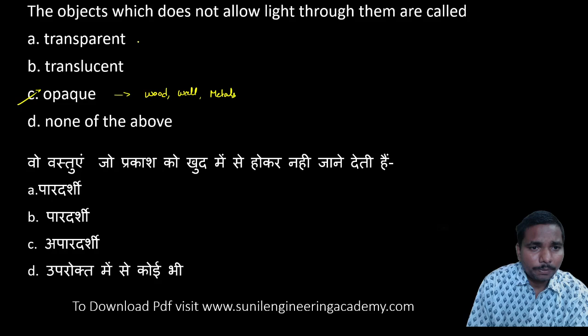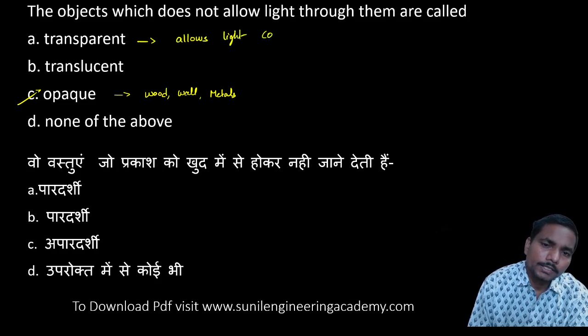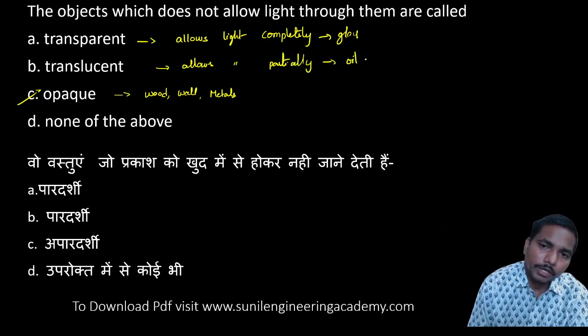And transparent allows light completely. Example, glass. Translucent allows light partially. Example, oil paper.